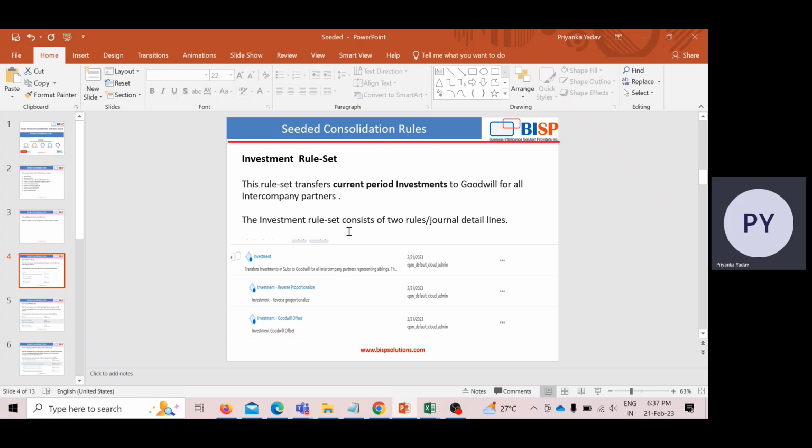First, we have investment rule set. This rule set transfers current period investment to goodwill for all intercompany partners. The goodwill entry will offset with the elimination of owner's equity from the subsidiary. The rule set consists of two rules, investment reverse proportionalize and investment goodwill offset.